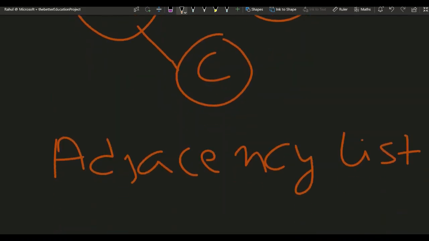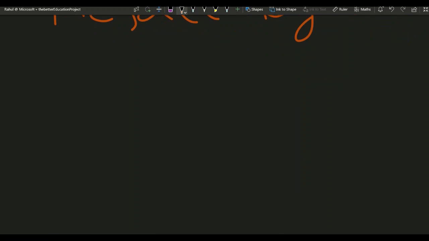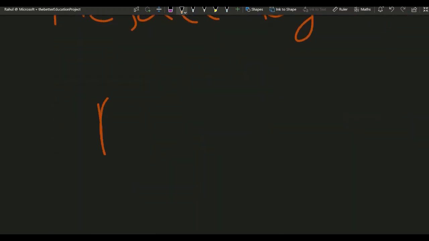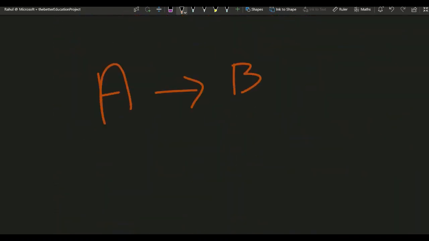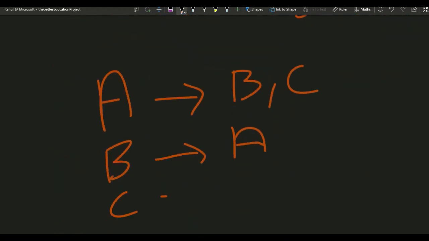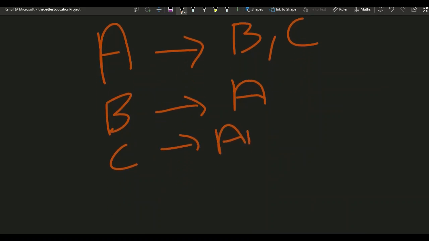So for above problem, we can say that from A we can visit B and also C. Similarly, from B we can visit A, and from C we can visit A. So this is adjacency list.